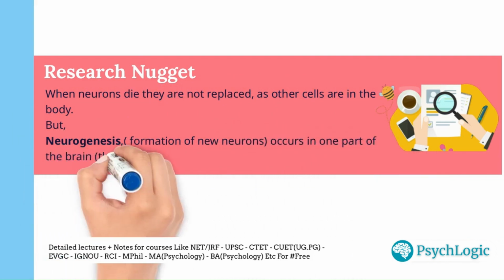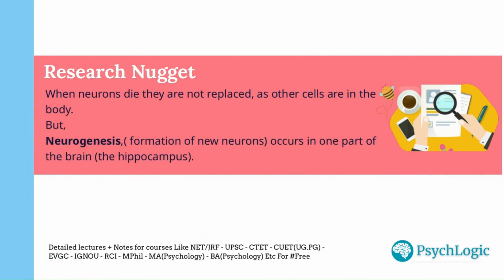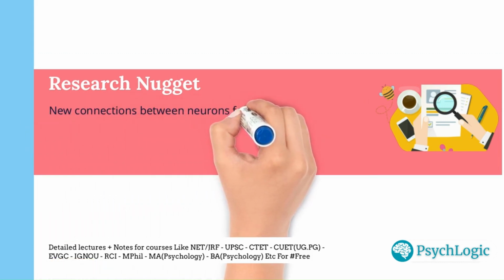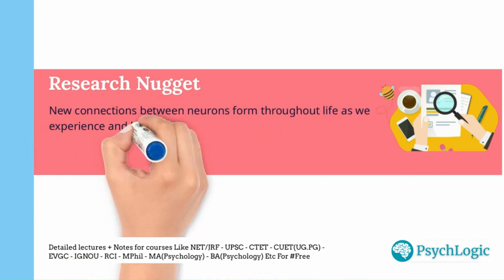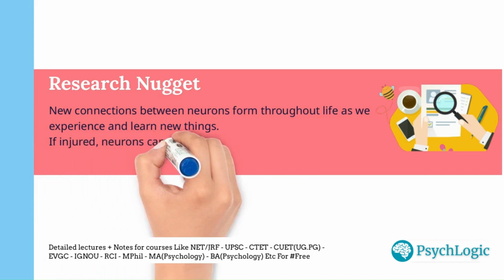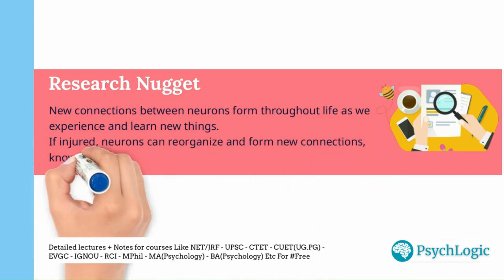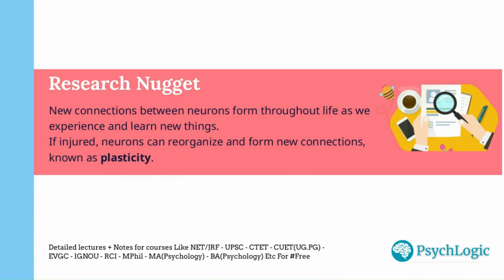Although new research suggests neurogenesis, which is the formation of new neurons, occurs in one part of the brain, that is the hippocampus. Research has shown that new connections between the neurons form throughout life as we experience and learn new things. If injured, neurons can recognize and form new connections, which is known as plasticity.